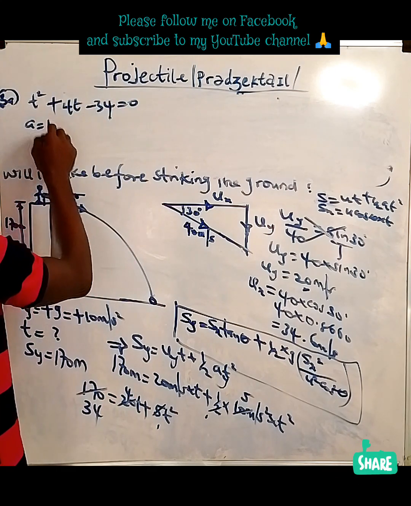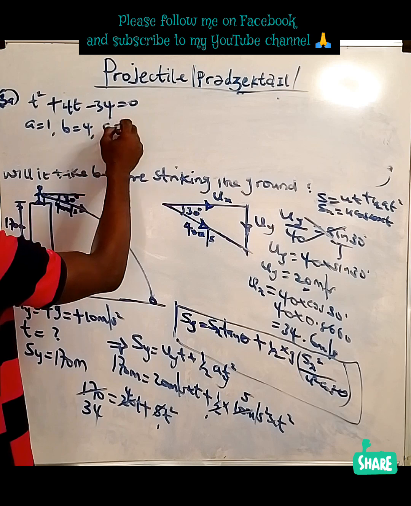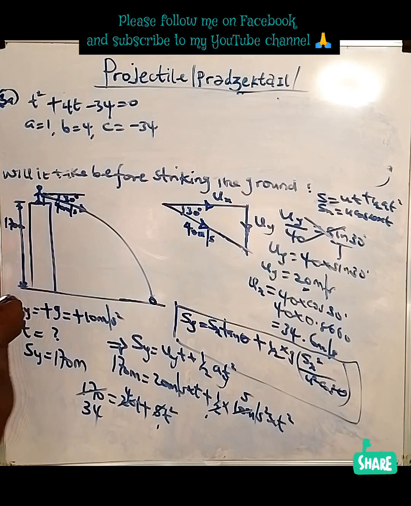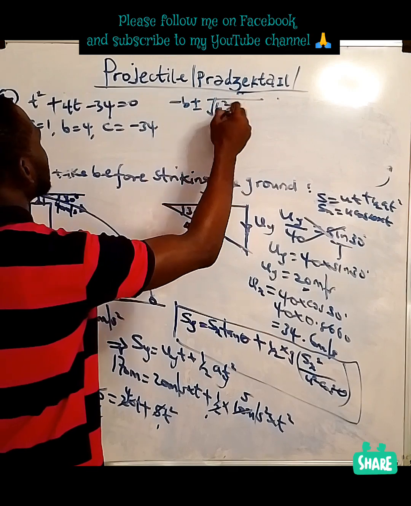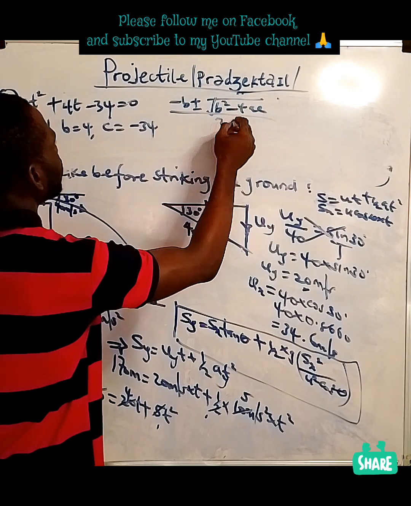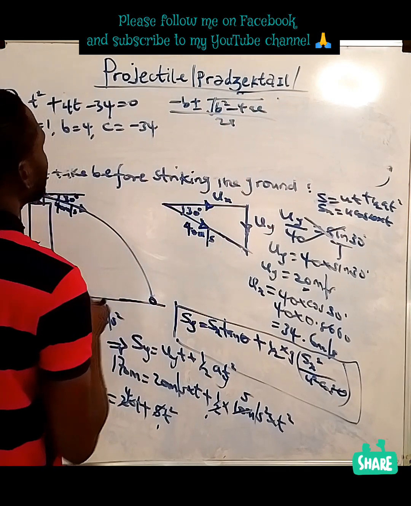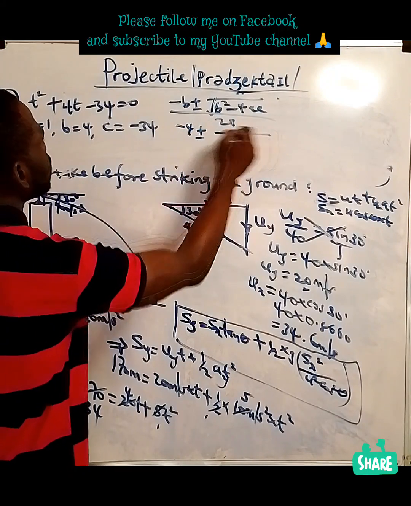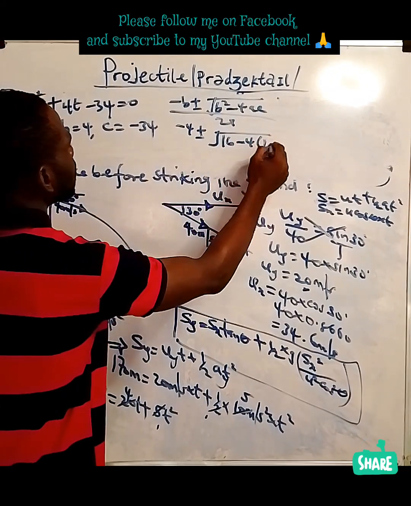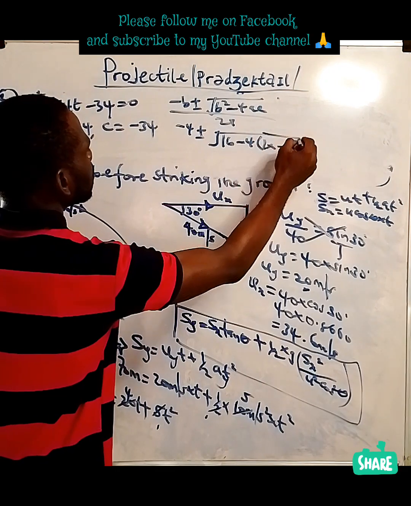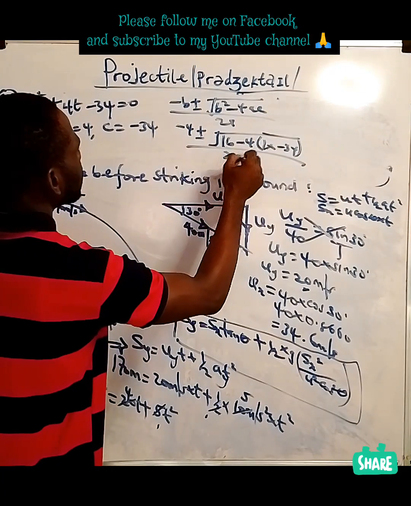So a is 1, b is 4, c is minus 34. That's what we have. So the formula method: minus b plus or minus square root of b squared minus 4ac over 2a, square root of discriminant. So minus b is minus 4 plus or minus square root of 16 minus 4 times 1 times minus 34, over 2 times 1, 2a.